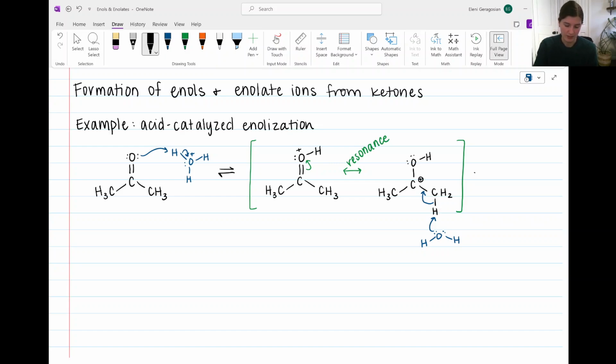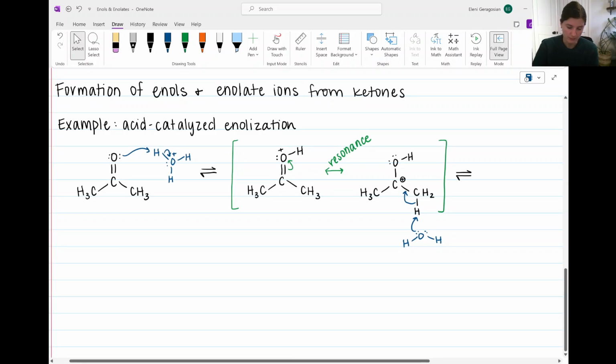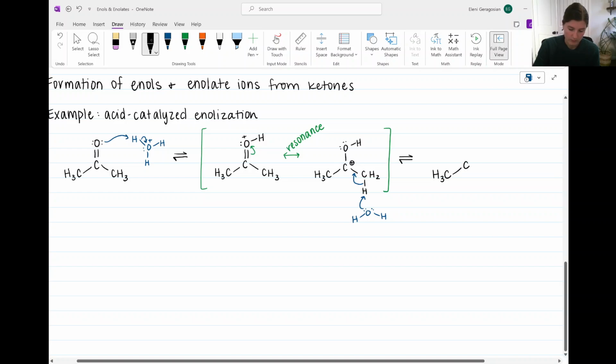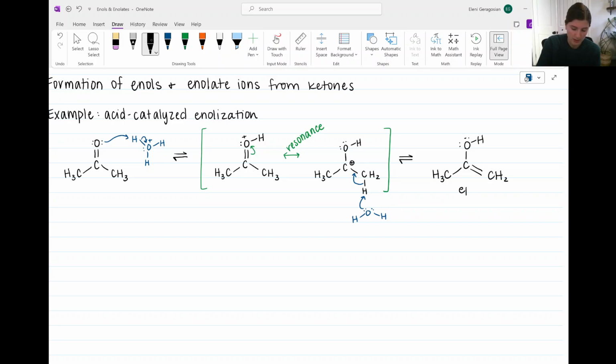And so that gives us our enol. So we have our alcohol group here, and we have our carbon to carbon double bond. So here is our enol, starting with a ketone.